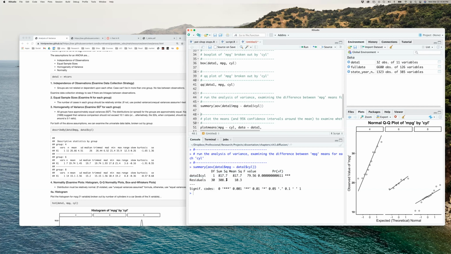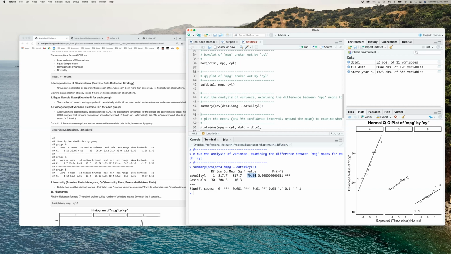Sum of squares within is 308. Mean square between is 817. Again, why is that? Well, we have 1 degree of freedom between. Degree of freedom within is 30, so sum of squares over 30 is 10.3. And we say mean square between over mean square within, and that equals our F value of 79.56.